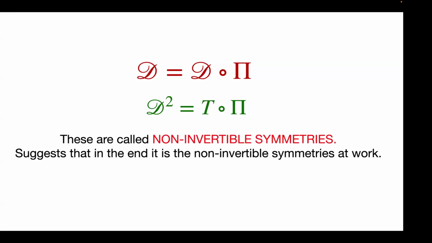So if you have a non-invertible symmetry, that usually leads to a gapless theory. So it suggests that it's exactly this non-invertible symmetry that's doing all the work. And I just told you that translation by 1 is this weird non-invertible symmetry, and translation by 2 is like an ordinary translation symmetry.